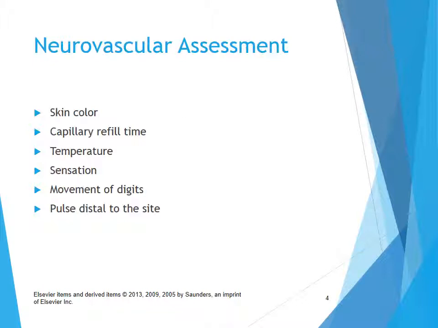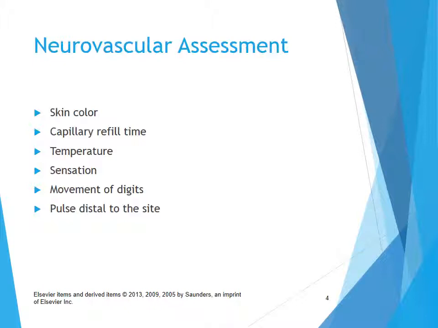And now I want to talk to you about neurovascular assessment. That constitutes skin color, capillary refill time, temperature, sensation, movement of the digits, and pulse distal to the site. This assessment constitutes your physical assessment of any musculoskeletal alteration that may come into the hospital or clinic.